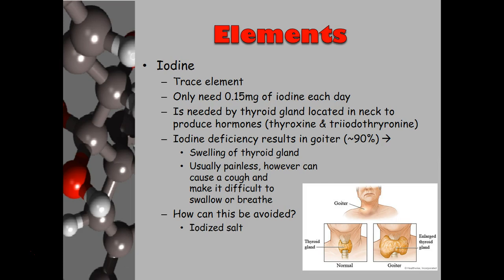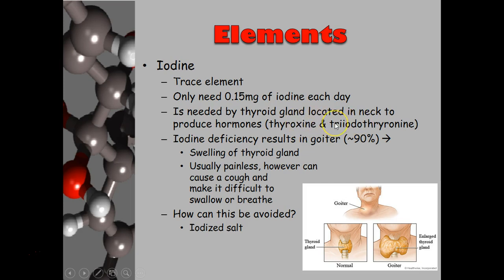What are they? Well, you've got this gland that sits right behind your neck here, alright? And when your thyroid gland doesn't get enough iodine, it can't produce these two hormones that it needs to help you function, alright?